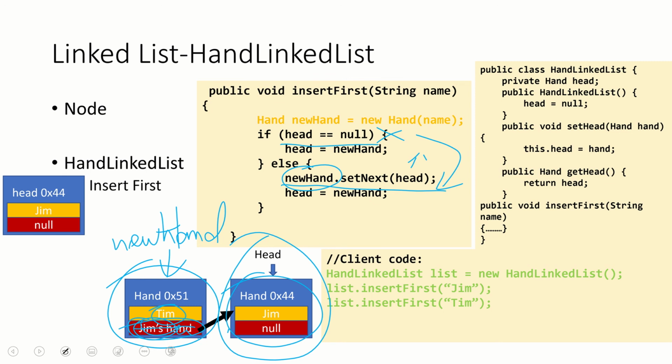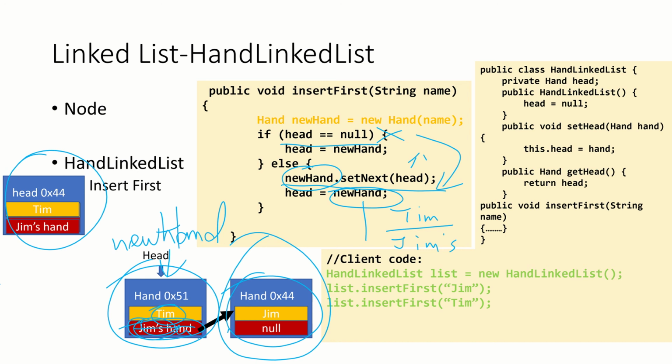Okay, then we set our head to Tim, because the new hand has two variables. One is the name Tim, the next is Jim's hand, right? So right now the head is updated to Tim and Jim.